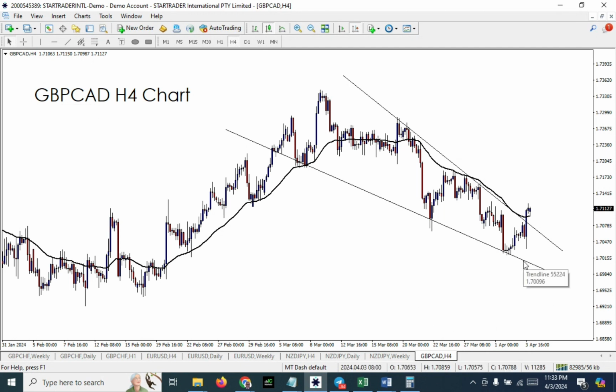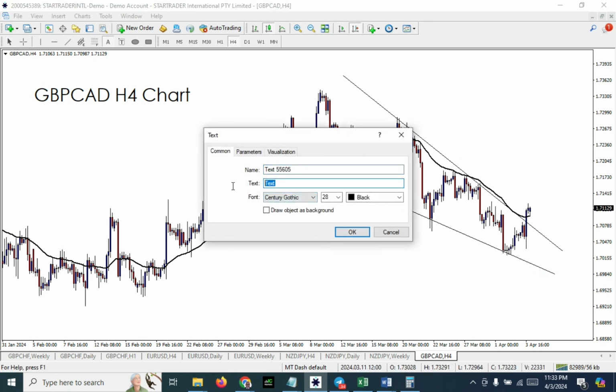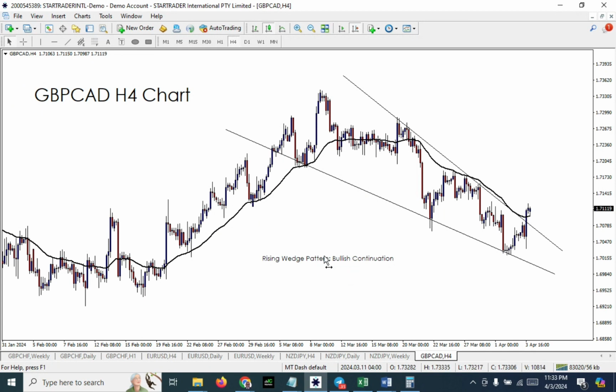The other thing I do is put my annotation. Here, I want to say this is a rising wedge pattern, and it is a bullish continuation pattern.